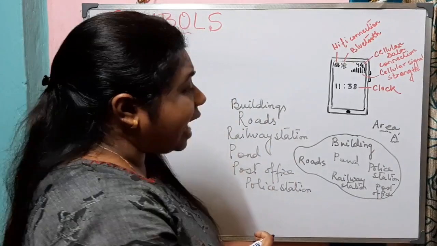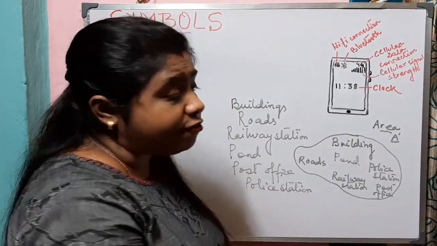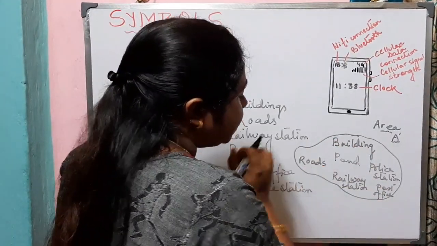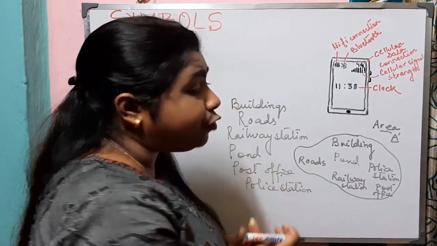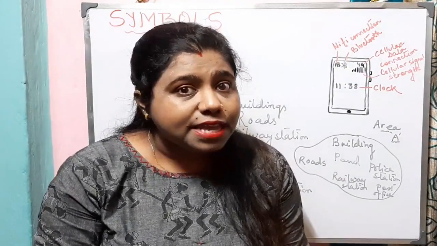Don't you think that the map will get full of text and it is going to be quite tough to identify where is a building, which one is a roadway, which one is a railway station? It's going to be quite confusing for a person who does not have any idea of that place, isn't it?